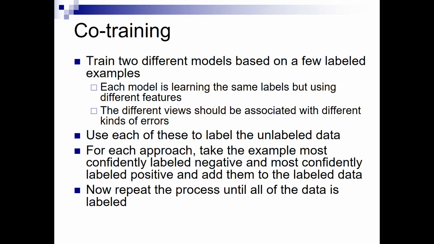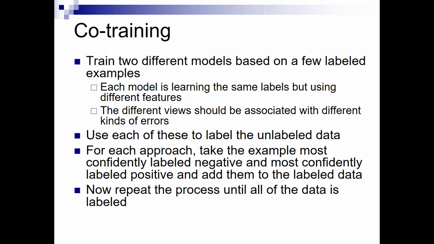Well, you're not going to know a priori across the entire data set which one to believe, but if you take those that are most confidently classified, they're probably most likely to be correct. So now what you have is 4 new examples, and you're going to train with both feature spaces over the expanded set.